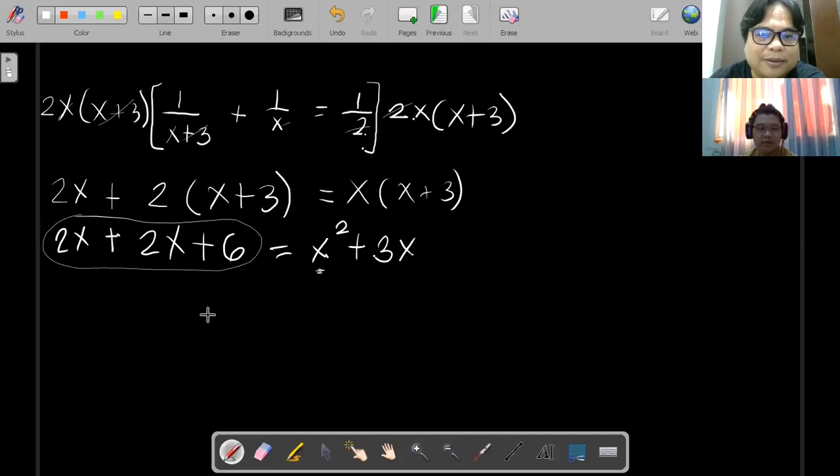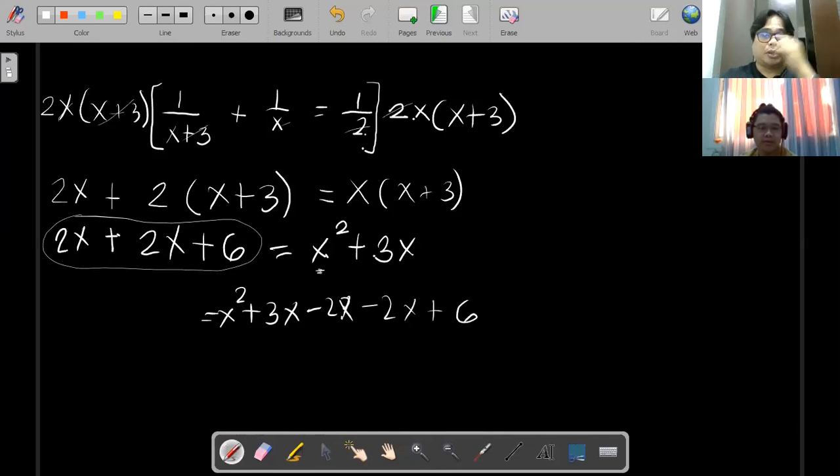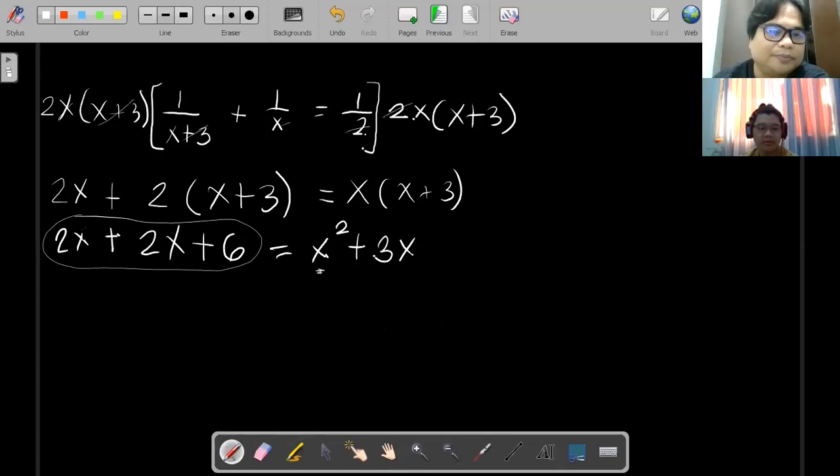So this becomes x squared plus 3x minus 2x minus 6. Or for simplicity's sake, let's do the operation first. Let's combine this one first. 2x plus 2x, that becomes 4x plus 6, right? Then x squared plus 3x.